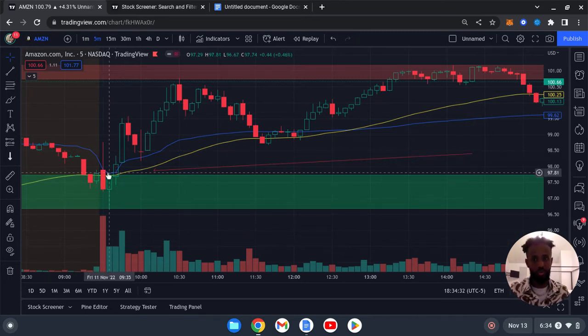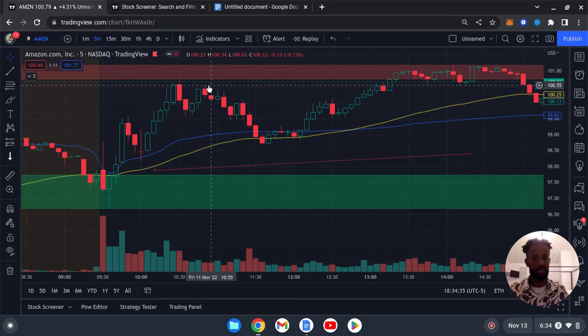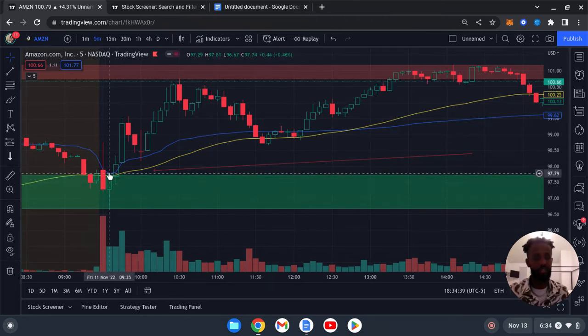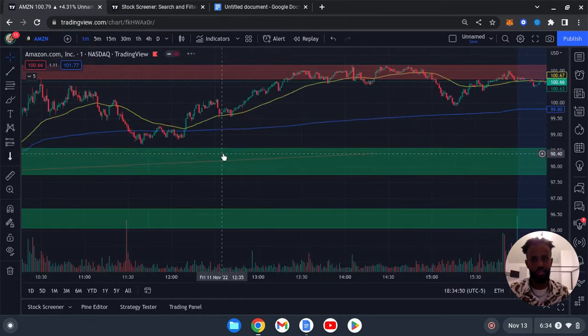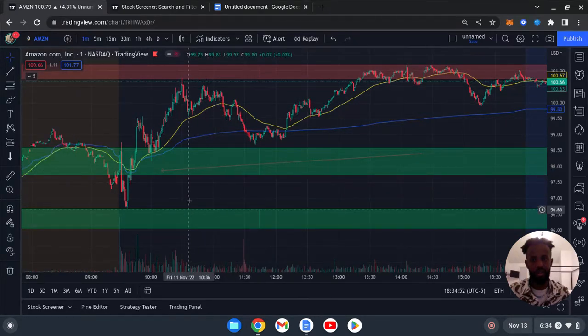So this runs up to our supply zone. An A++ setup, I would take this with a larger position. You would only avoid this trade because it's so early in the trading day, and I usually avoid trading that early in the day.